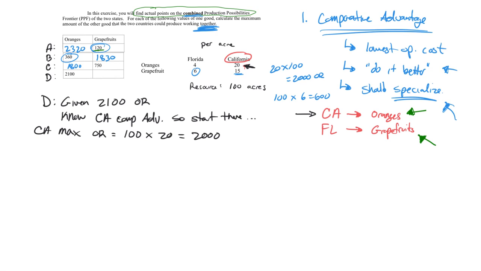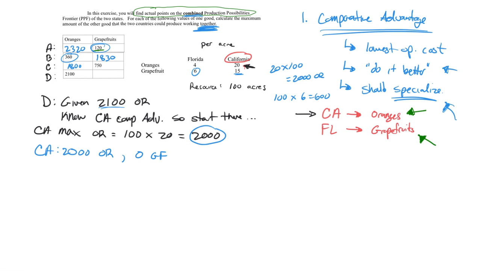Oh, wait a minute. We need to have 2,100. So we're going to put all of those resources that California has towards the oranges, which would be 2,000 oranges, right? That's how we're getting that. So we've got 2,000 oranges and no grapefruits.